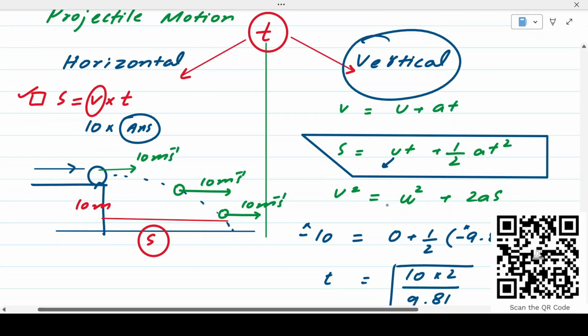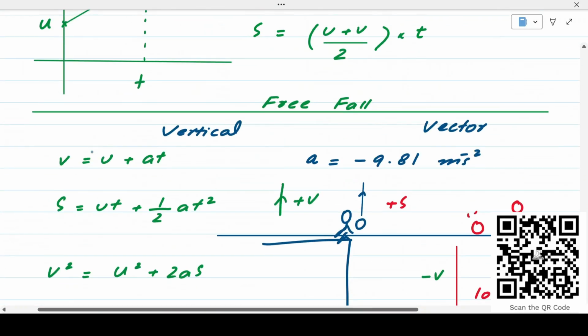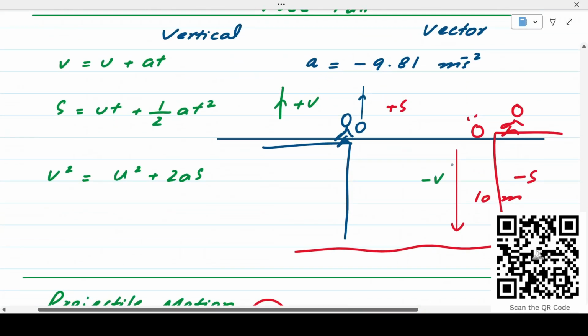And that should be your horizontal displacement. Why minus 10? Because the object goes below the reference point. You see, I told you over here, if the object goes below the reference point, displacement will be negative. This is the proper sign convention.